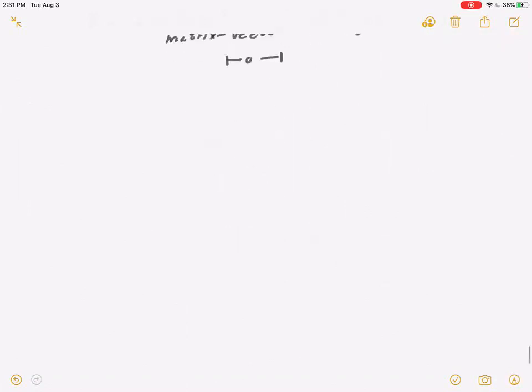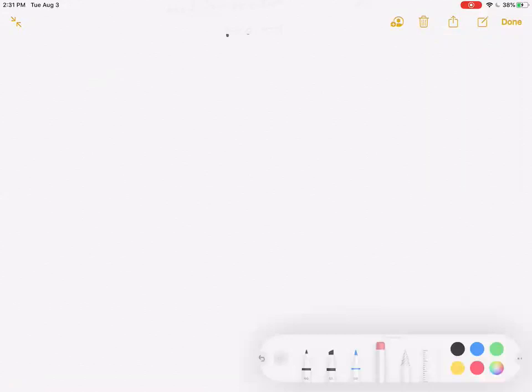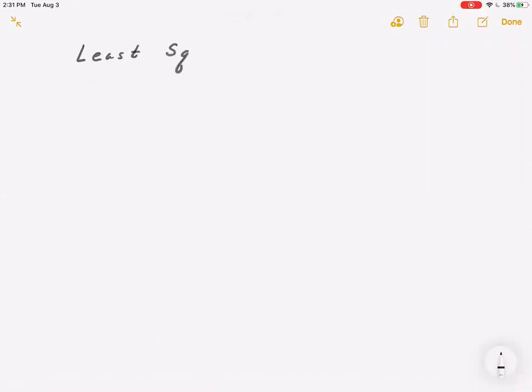Okay, so my final topic in this course is going to be one that's going to tie in all of the ideas, or most of the ideas, that we've talked about so far. And this particular problem is known as the least squares approximation.